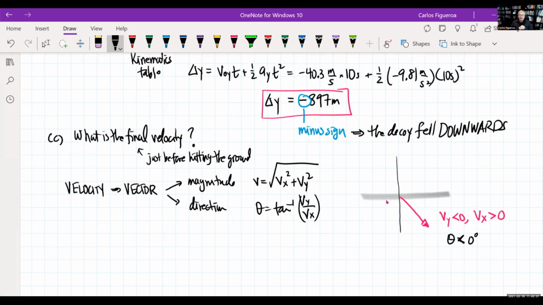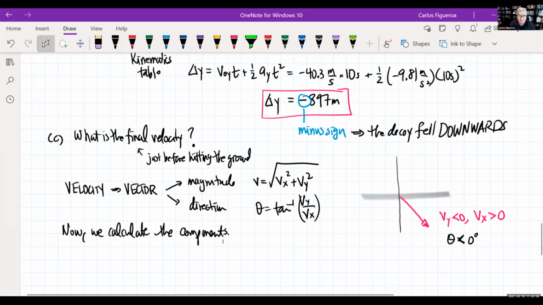So what do I got to do? I got to calculate the x and y components now. The first one we want to look at is, of course, the x one, and then we'll look at the y one.